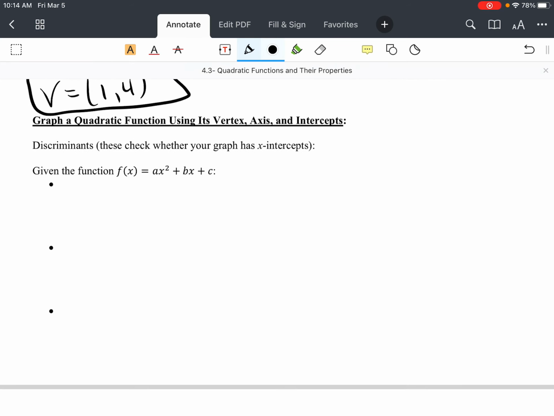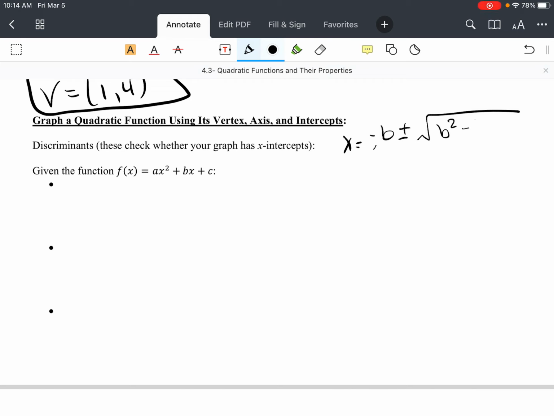All right, the next thing we need to work through is discriminants. Remember, the discriminant tells us whether or not we're actually going to have real solutions, and it comes from our quadratic formula.